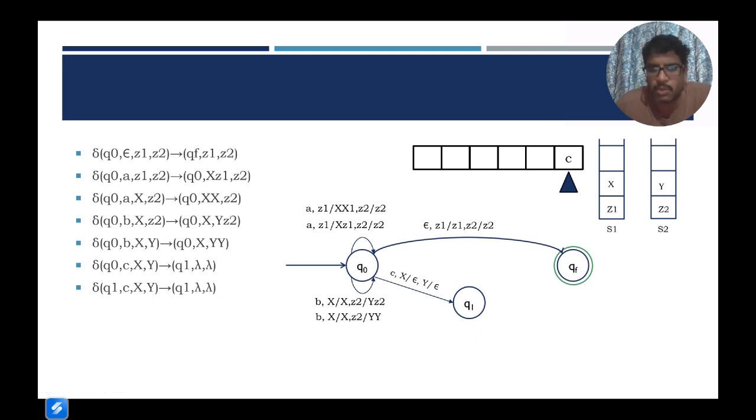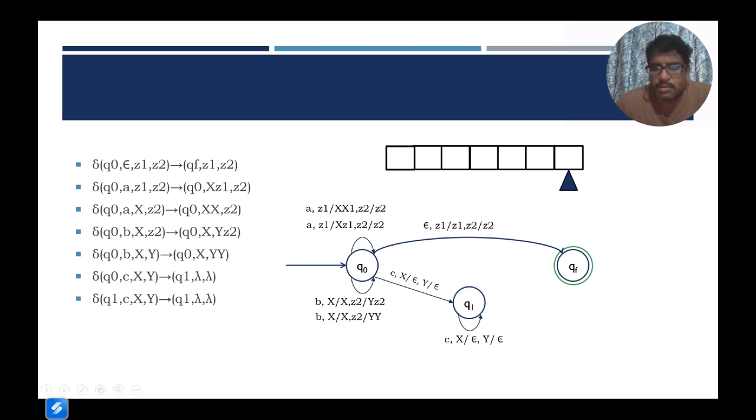Now we get q1 comma epsilon epsilon or lambda lambda. That means a self loop, we stay in the same state, that is the q1 state. So we draw the self loop by reading the c, x becomes epsilon, y becomes epsilon.